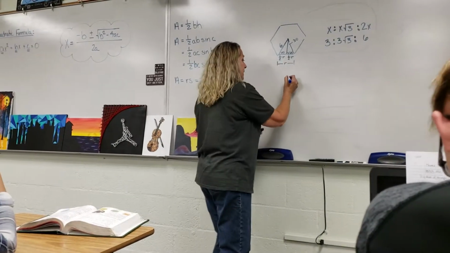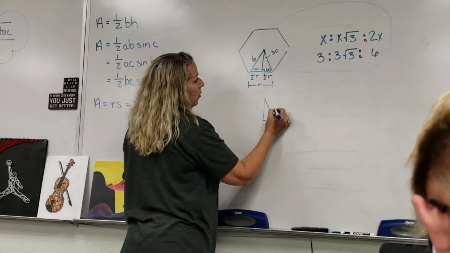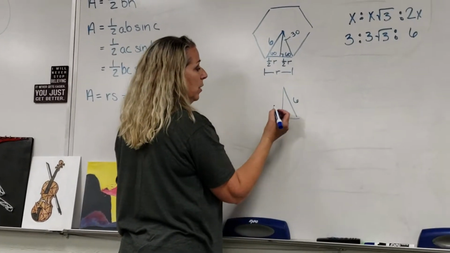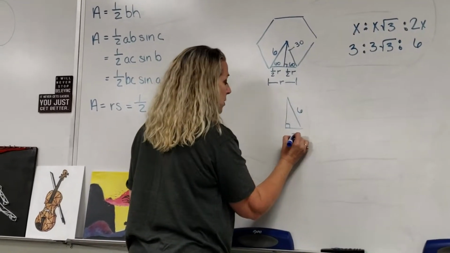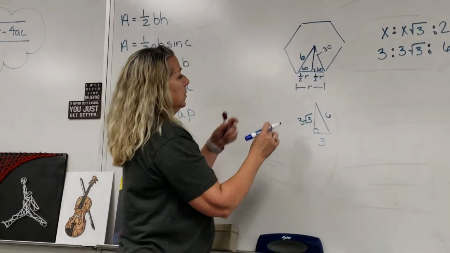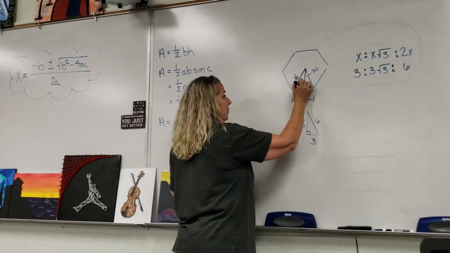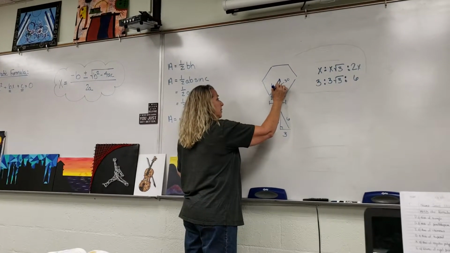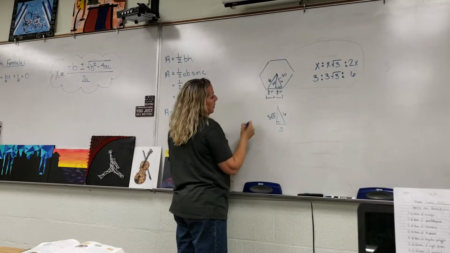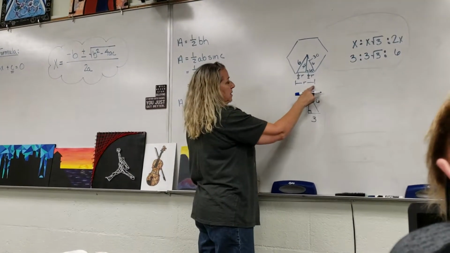So now we can take that right triangle that we were looking at, and we know that this side is 6, we know that this side is 3, and we know that this side is 3 rad 3. So when you look back at this picture, we have a 3 rad 3 here. We have a 6 here, and we know half of r is 3, which makes sense.